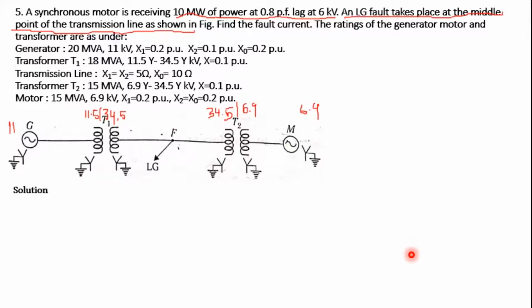The first thing we need to consider is choosing the MVA base and the kV base. To choose the MVA base, look into the data for the device with the highest MVA rating. If the problem mentions a base, for example, take 50 MVA as the base on the generator or transmission line, then we have to consider that value.